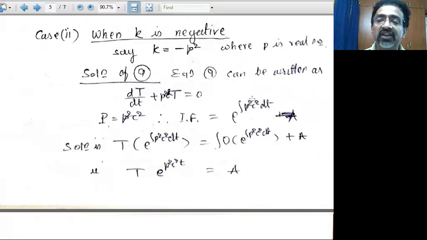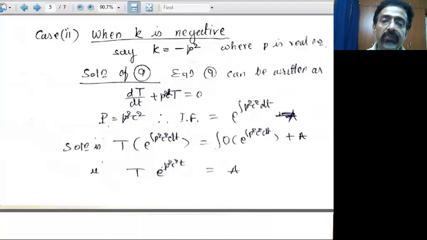So the integrating factor is what? e power integral p squared c squared times dt. So the solution will be what? T into e power integral p squared c squared times dt is equal to 0 times the integrating factor plus the constant of integration a. Since this integration is 0, I get the solution as what?